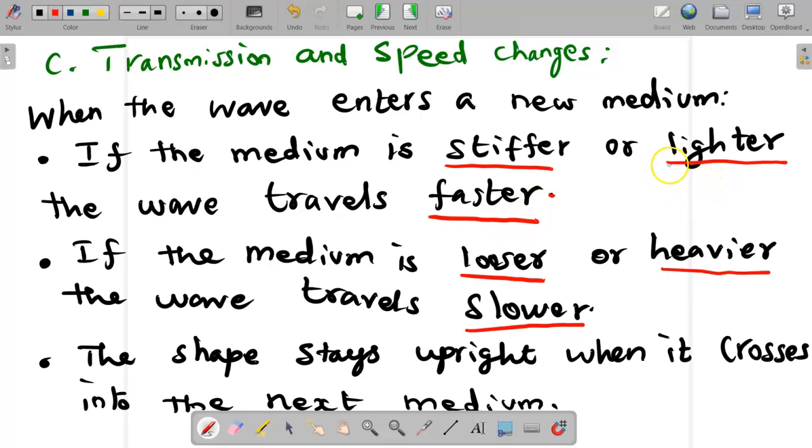Also, a lighter spring means the mass of the spring is less, so the speed is more. Next point, if the medium is loose and heavy, then the speed is slow, the wave travels slower. The shape stays upright when it crosses into the next medium.